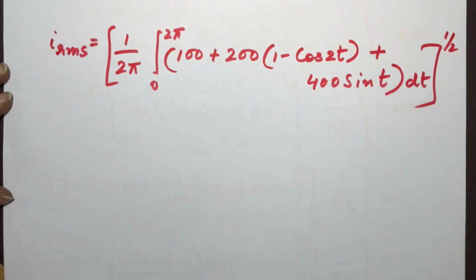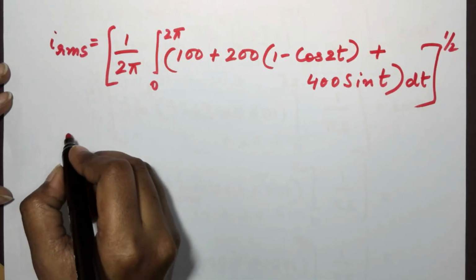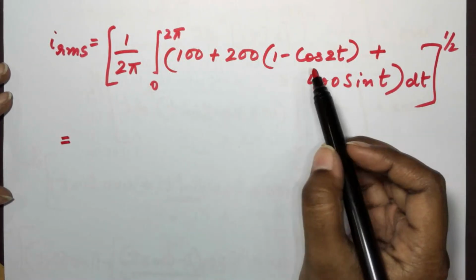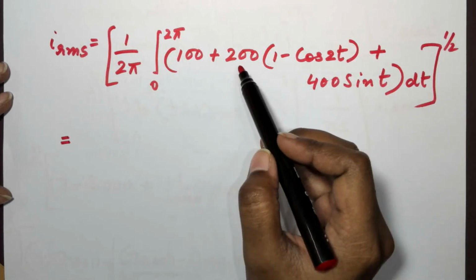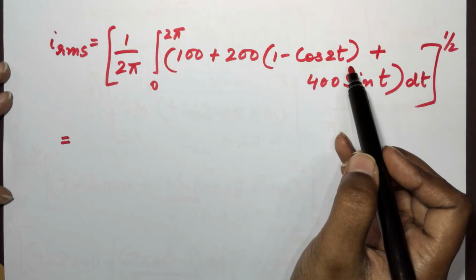Alright, now the next step. Here, when we open up the parenthesis, we have now 200 minus 200 cos 2t.